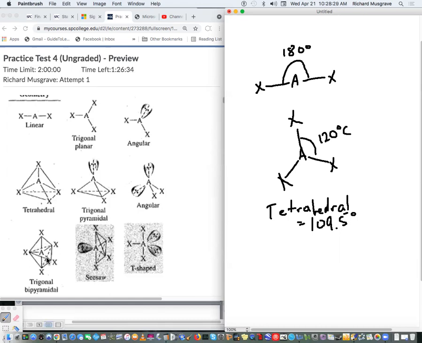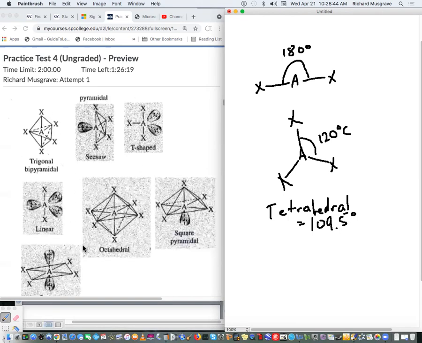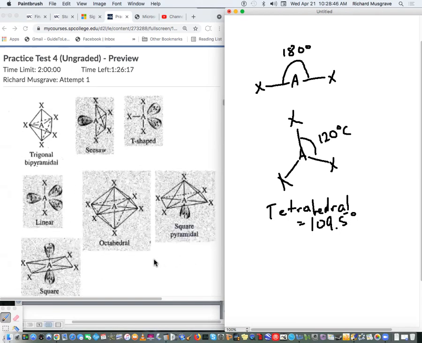So the bond angles are going to be 180, 120, and 90, because 90 is the bond angle between these two x's right here, and the vertical and horizontal ones. And then in the octahedral, it's all 180 and 90. They're all 90 degrees. That's a square there. So that's it. The only hard one there is tetrahedral.